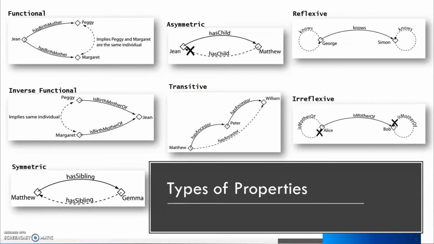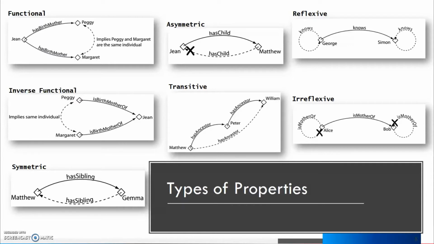If that is reflexive, then that means the same property can relate an individual to itself. But irreflexive is just the opposite of it. For example, in this picture, is mother of is an irreflexive property, by which we imply that Alice cannot be mother of herself. So these are the seven kinds of properties or characteristics.